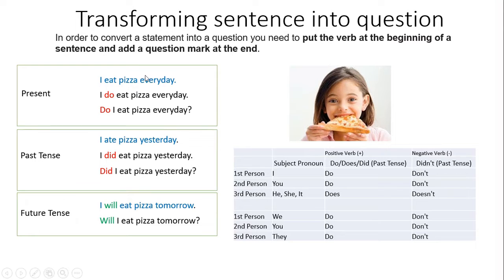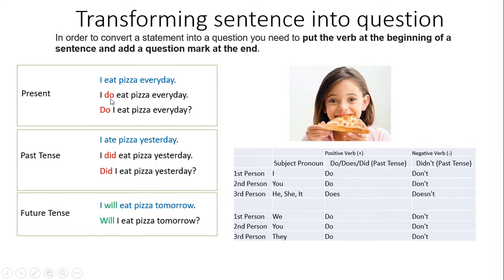You can also say it in this way, like I do eat pizza every day. So in this way, you can easily transform a statement or a sentence into a question by placing the word do, or the verb do, at the beginning of the sentence.